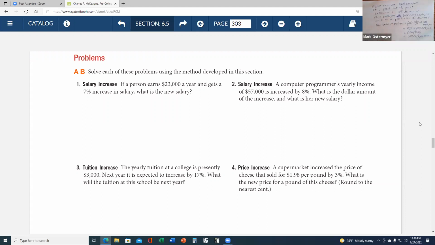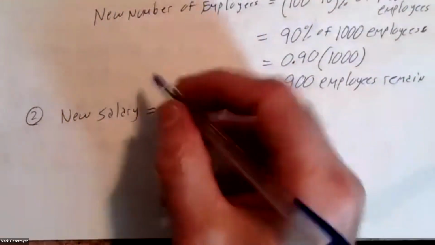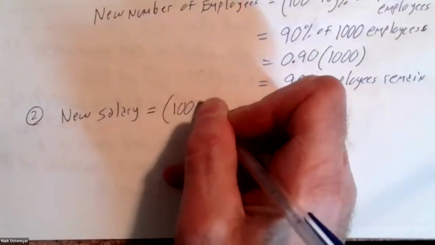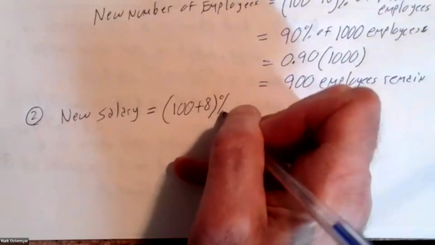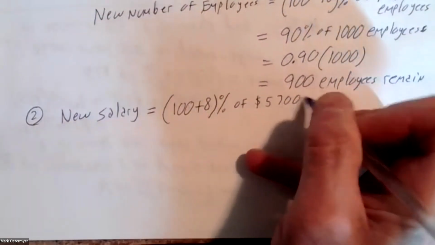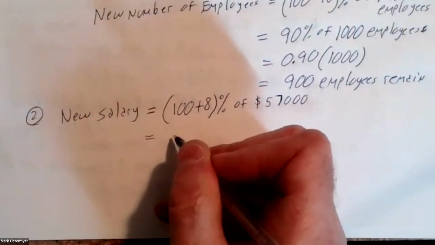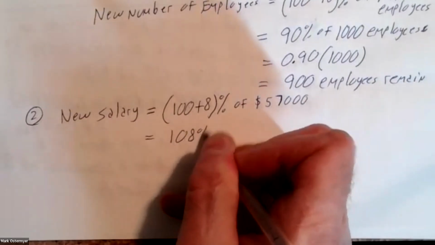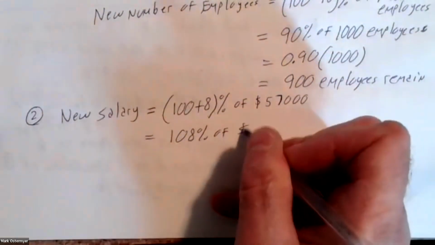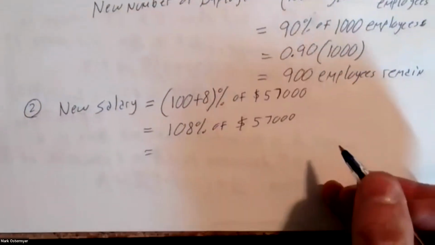So the new salary is going to be 100 plus 8% of the old salary, which is $57,000. This is to say that the new salary is going to be 108% of the old salary, which is $57,000. How do you take 108% of 57,000?